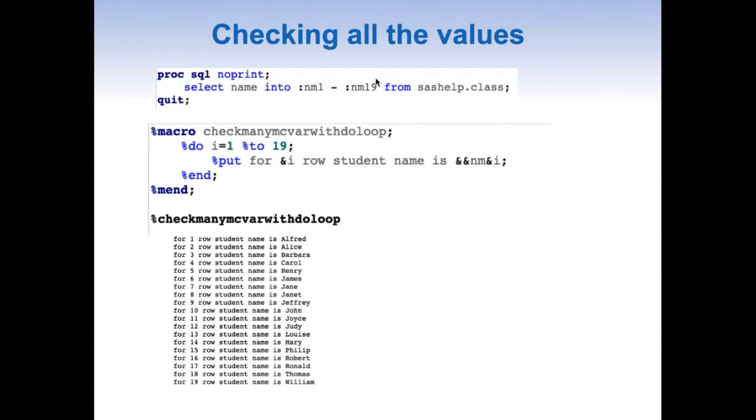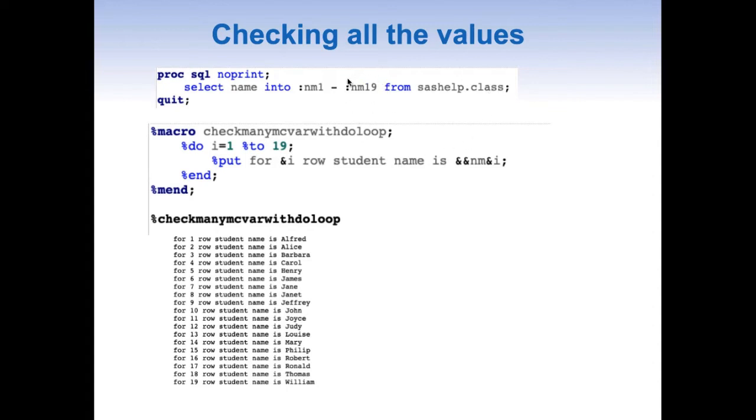And by writing this manually here as colon nm19 and 19 in here, we are doing a certain type of hard coding. What are the problems of this kind of hard coding? The main problem is, what happens if somebody wants to add 20 more observations into this SASHELP.CLASS.